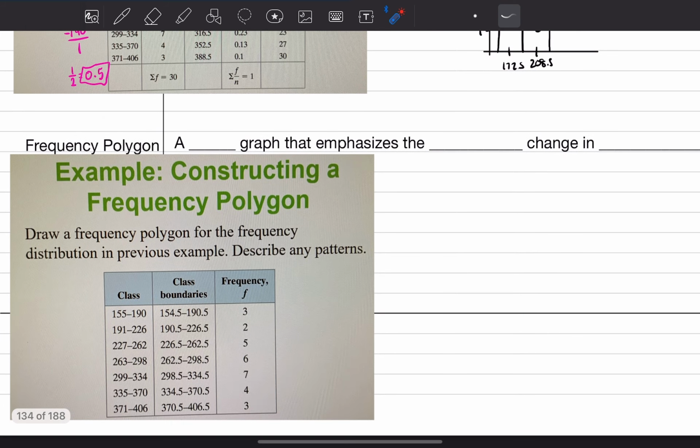Now a frequency polygon, this one's pretty easy. This is a line graph that emphasizes the continuous change in frequencies. Okay, so let me go ahead and show you what that looks like.